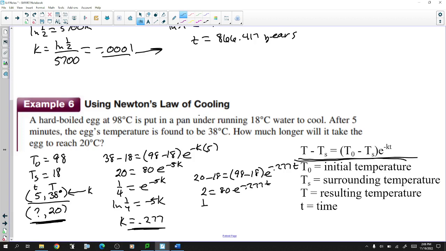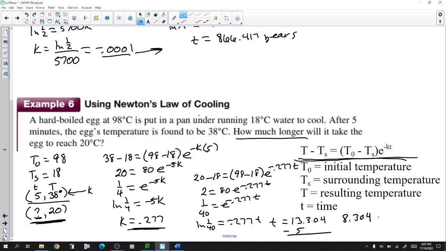We'll divide by 80, take the natural log of both sides, and divide by negative 0.277. So t ends up being 13.304. But to answer the question, how much longer, we'll subtract 5 from that, and that's going to be 8.304 minutes.